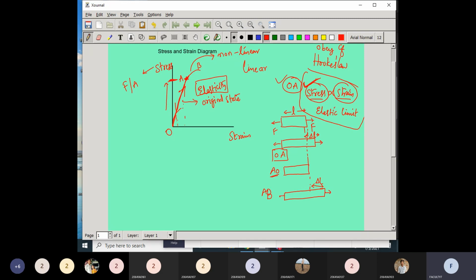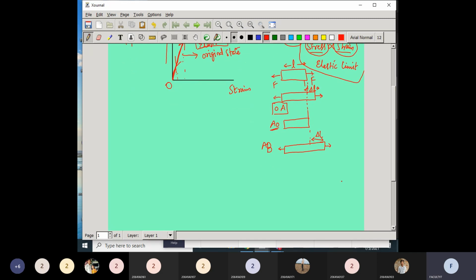Now, if you remove the force, what can you expect? There will be certain change. It is not going to regain completely. Instead, there will be some extra length or elongation remaining.